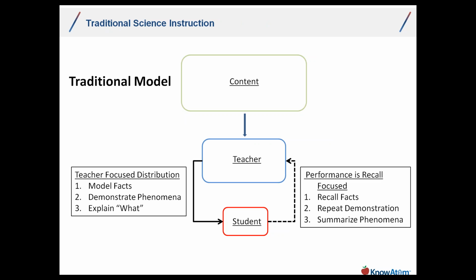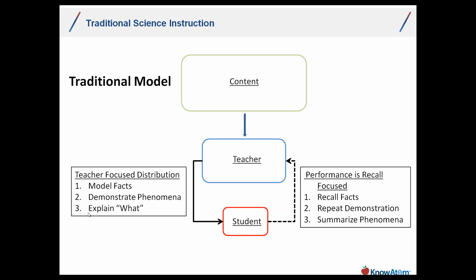In a traditional model of instruction, content flows through a teacher who's supposed to be the content specialist, and they explain and demonstrate, and a student is expected to take all of that in and be able to repeat it, summarize it, or show it back to the teacher. If the 2 match, if what the teacher has given matches what the student has given, that's proficiency.